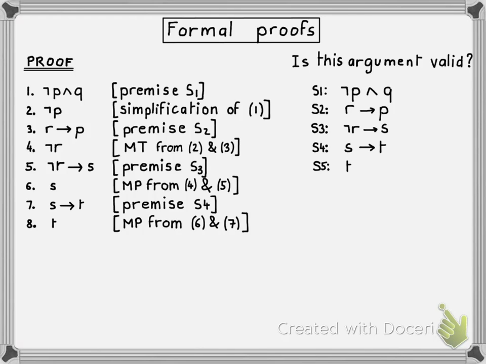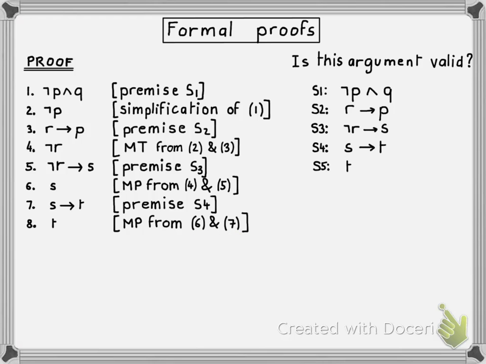And finally, I can use lines 6 and 7 to apply modus ponens for a second time and infer the conclusion of the conditional, namely T. Again, I justified this inference with the name of the inference rule I used and which of the propositions in the proof I use as premises.